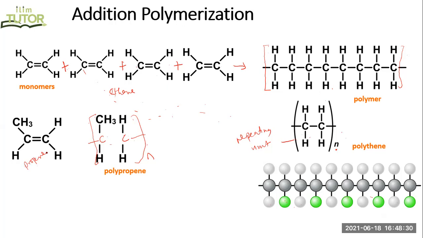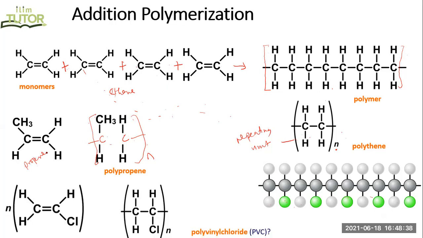In all of these cases, this is addition polymerization. Only one single thing is formed. I can also have polyvinyl chloride, where this is just a vinyl chloride, a single one. But if I have more of it, I could form polyvinyl chloride with this repeating unit, called PVC.